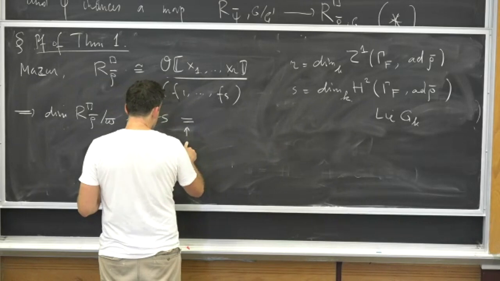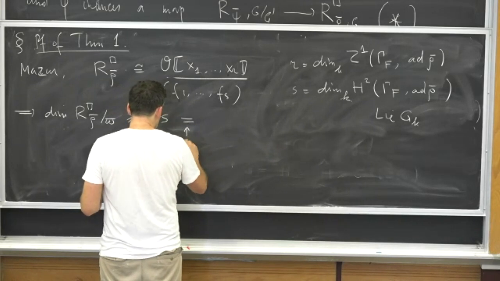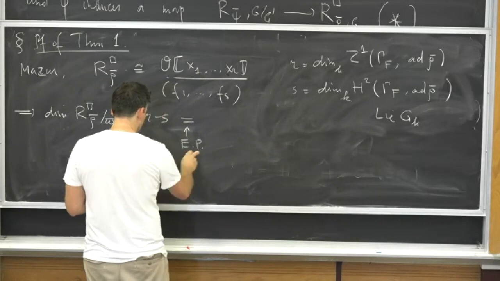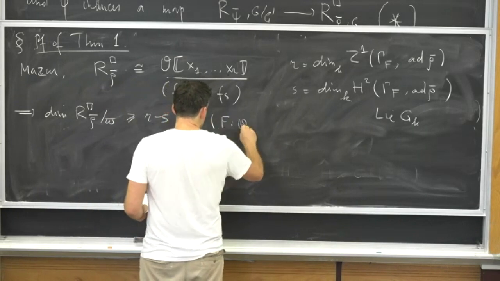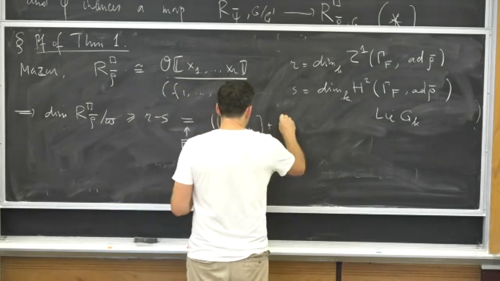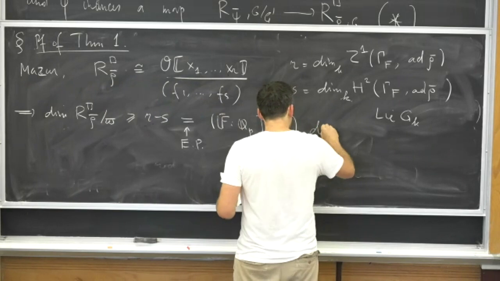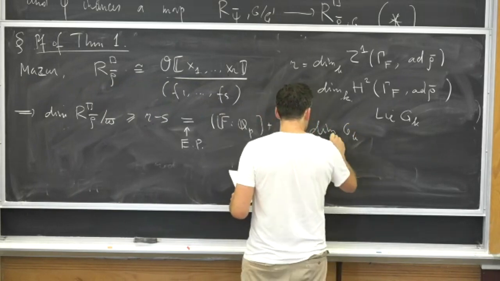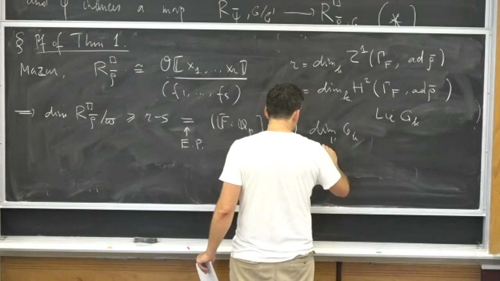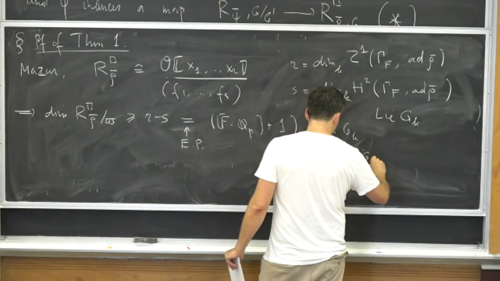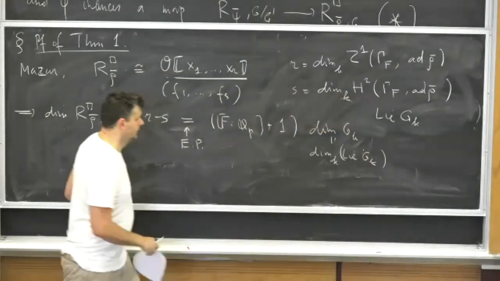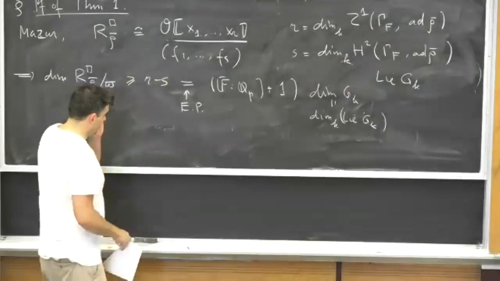Okay, so I'll explain this in a moment. But an argument with the Euler-Poincaré characteristic shows that this is what we are after. So this dimension is the same as the dimension of the Lie algebra, the K vector space.